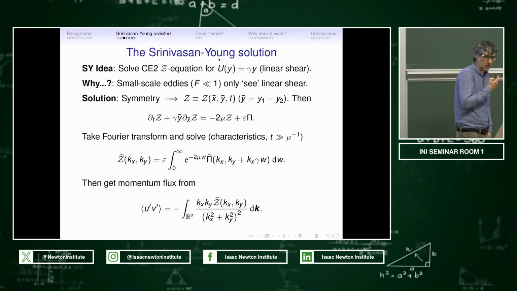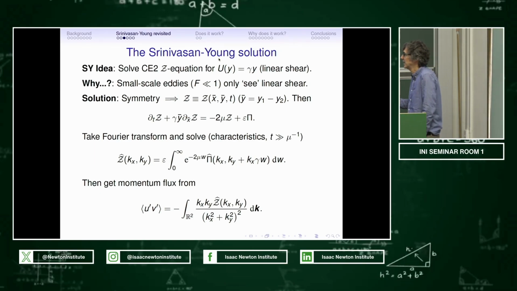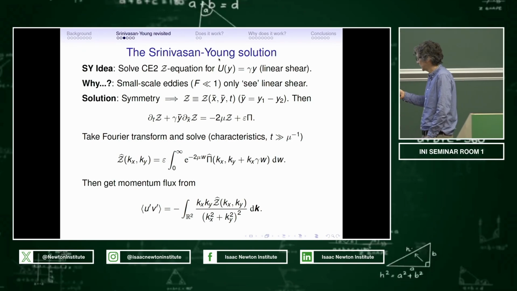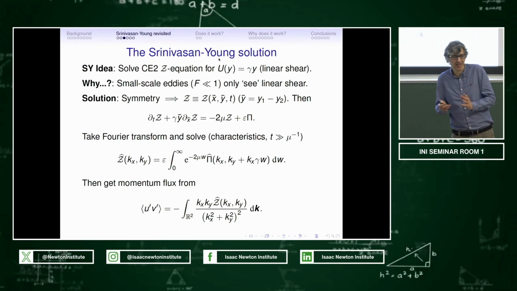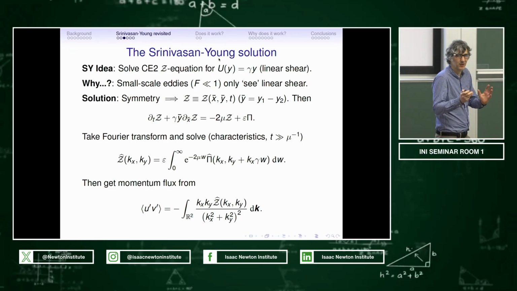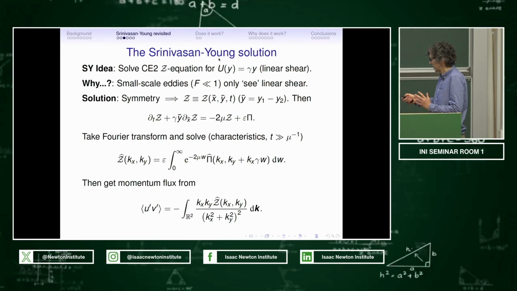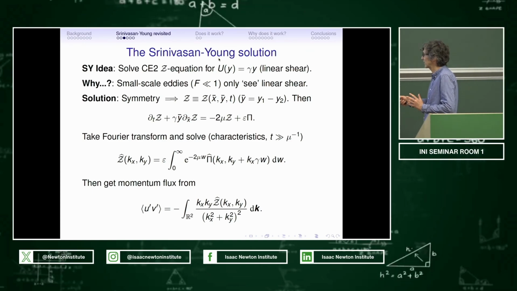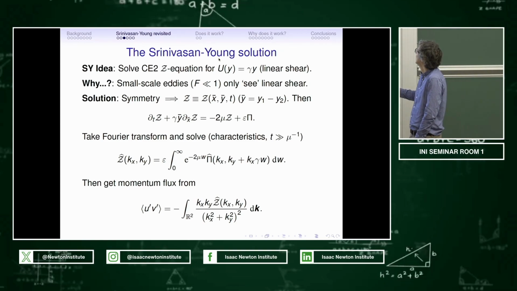Why would we be interested in a linear shear? If we're forcing waves at a scale much, much smaller than the jet scale, those waves only see the local flow, and the local flow will be linear. So the momentum flux associated with those waves, the solution to this equation, ought to be a good candidate for a closure to the model.